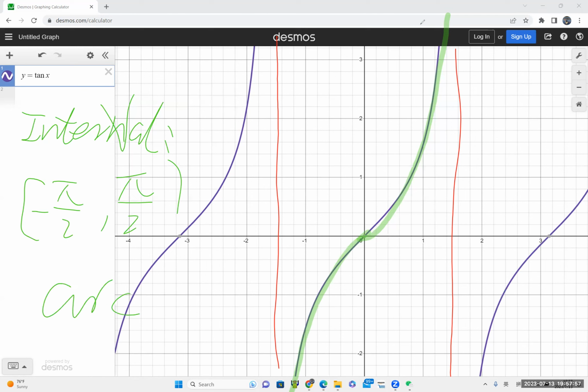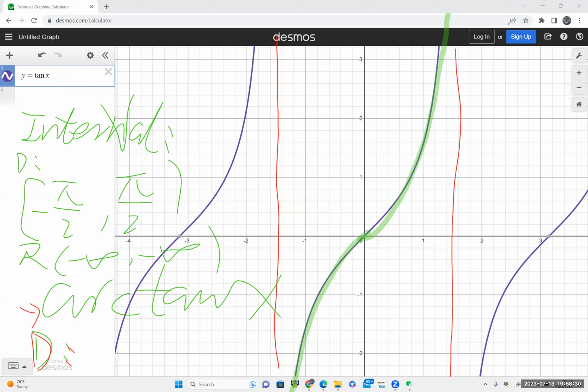So the arc tangent x, the domain is the range of tangent x, so it's negative infinity to infinity.